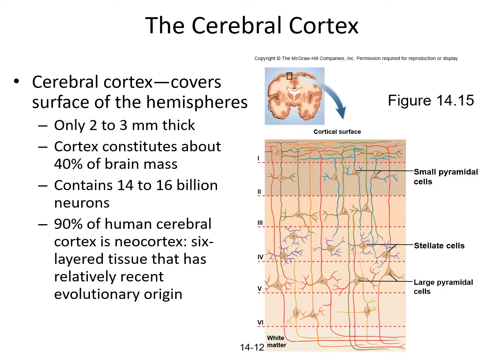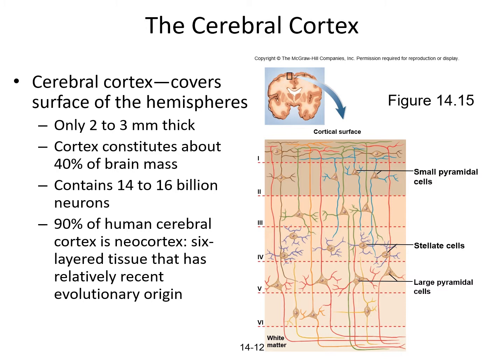So about 90% of the human cerebral cortex is what is known as neocortex. This literally means new cortex because it is evolutionarily quite recent. We don't see this highly evolved structure in many other animals. And of course, we don't see anything like the human neocortex in any other animal.